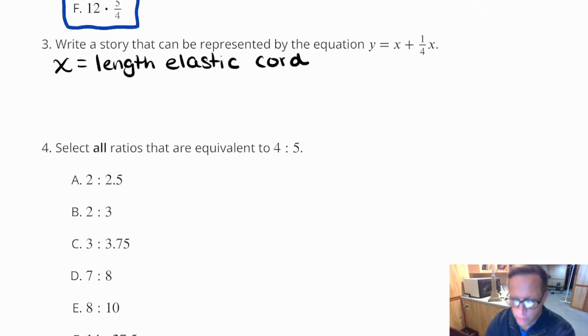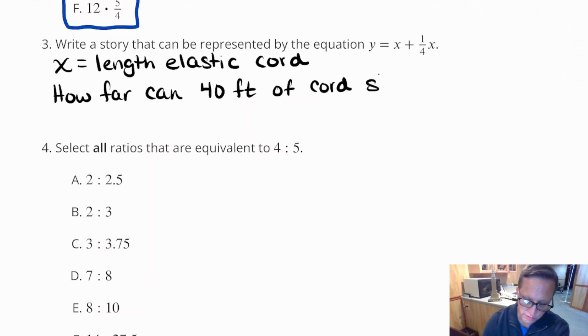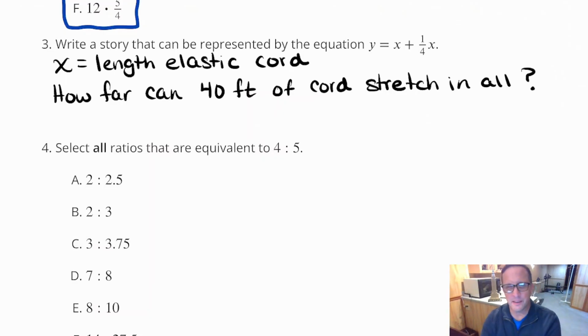Okay? So how far can 40 feet of cord stretch in all? I don't know if I worded that right.